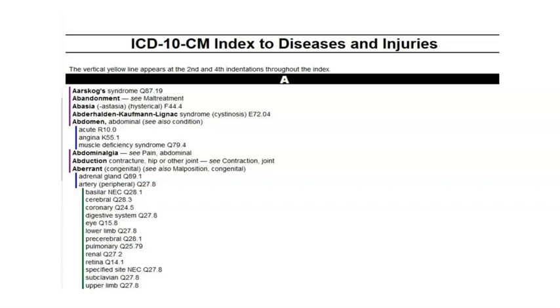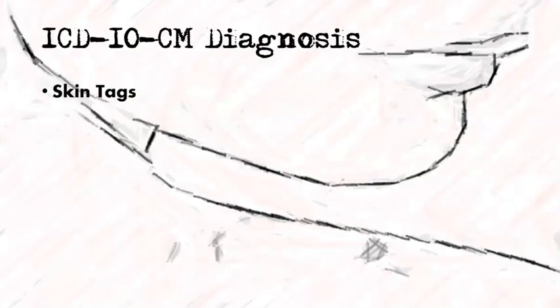Locate the information for the diagnosis and the possible ICD-10-CM code or codes. Let's begin by following the coding path to get the correct ICD-10-CM code for the diagnosis of skin tags.